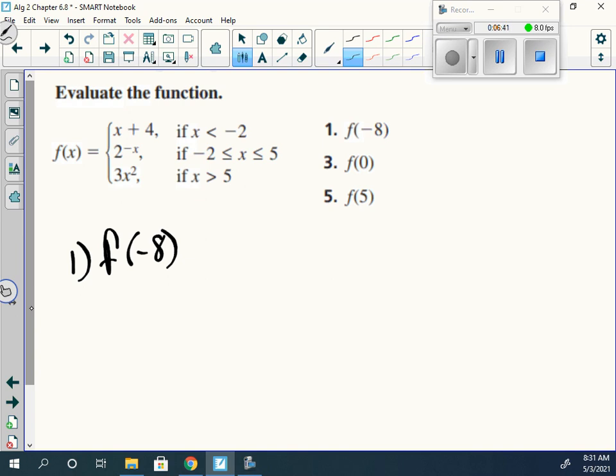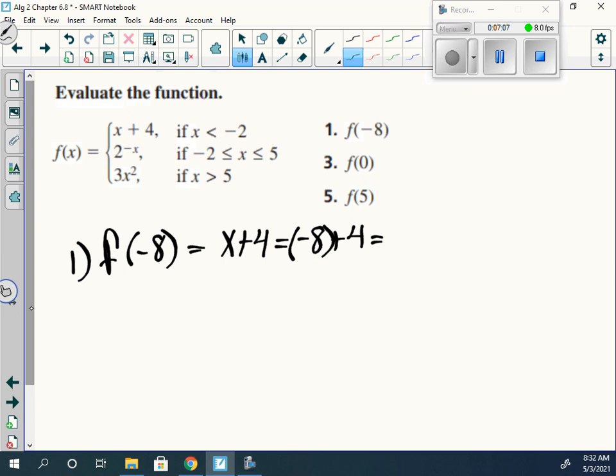Well, which statement does negative 8 make true? X is less than negative 2, so that means we're going to be using x plus 4 for this here. So really, we're going to plug negative 8 in for x, which would be negative 8 plus 4.